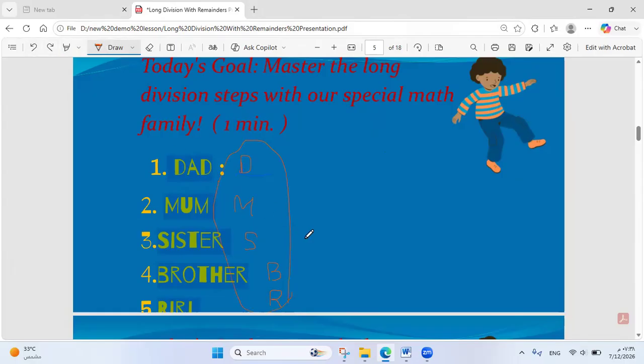What do these represent? D is for division. Sorry, I said multiplying at first, but it's division. So D for division.